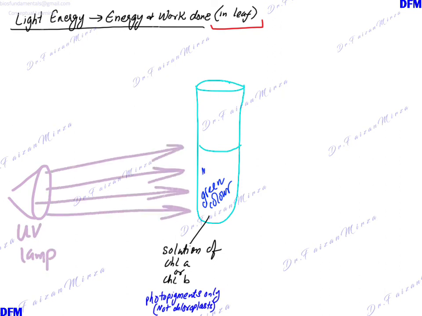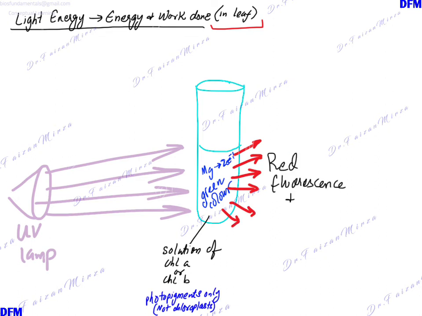If I irradiate it with a UV lamp, the UV lamp will allow magnesium to ionize here, so the 2 electrons will be ejected out. When these electrons are ejected out, they will emit red fluorescence as they fall back into the same electronic shell, and this red fluorescence and heat will be lost from the test tube, showing that this was energy that got lost, since it could not effectively be converted to work done.